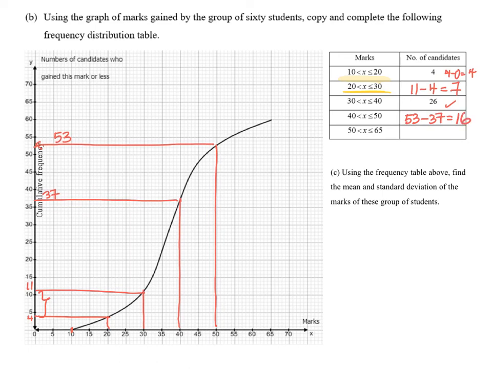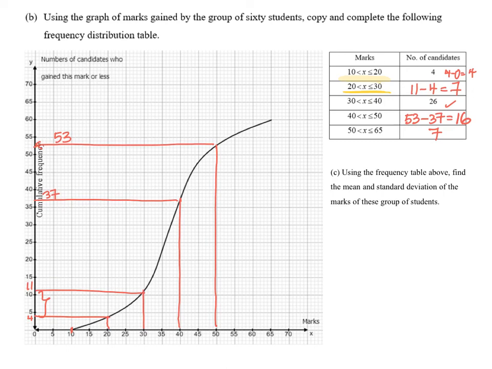And last but not least, 65 to 50. From 65 to 50, I will have a total of 7 remaining students left. Let's double check. 4 plus 7 plus 26 plus 16 plus 7. I have a total of 60. That makes my answer the correct value.